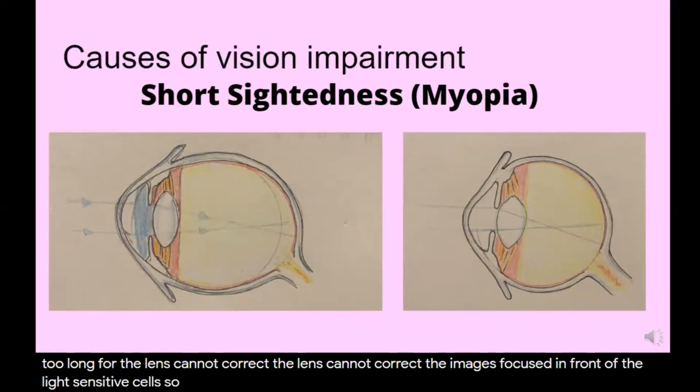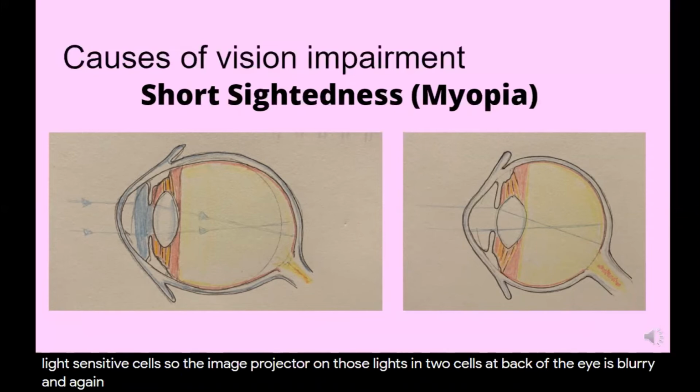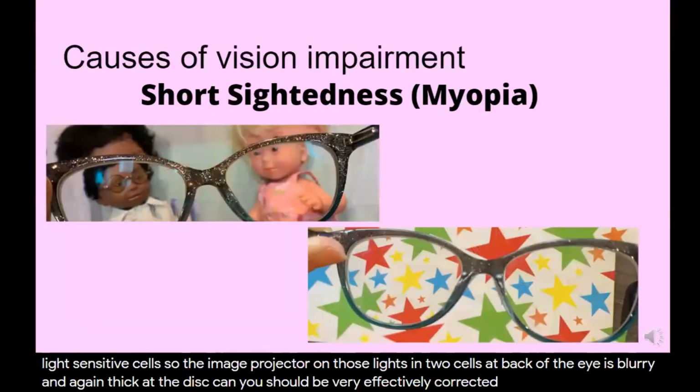So the image projected on those light sensitive cells at the back of the eye is blurry. And again, this can usually be very effectively corrected with spectacles, with glasses.